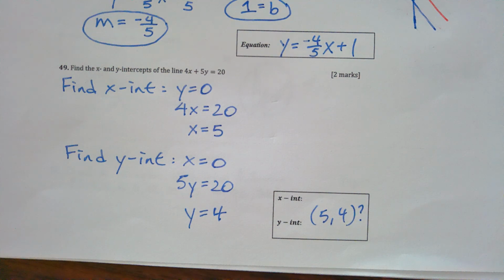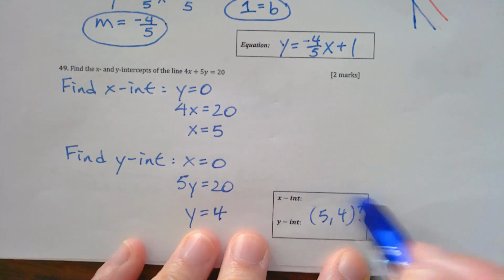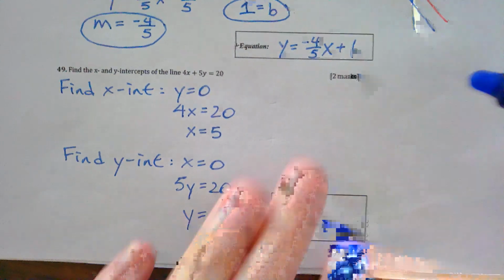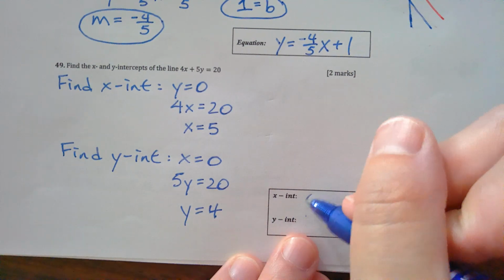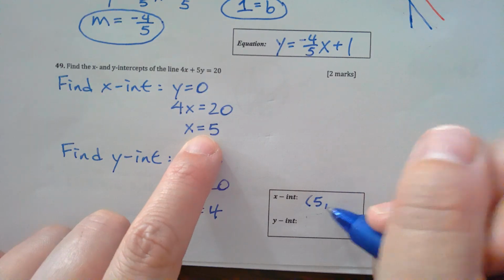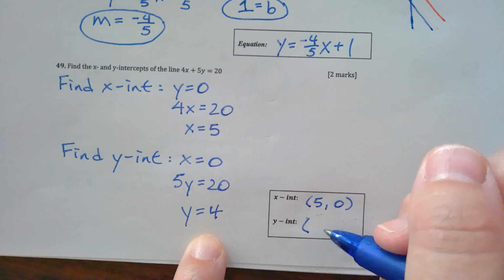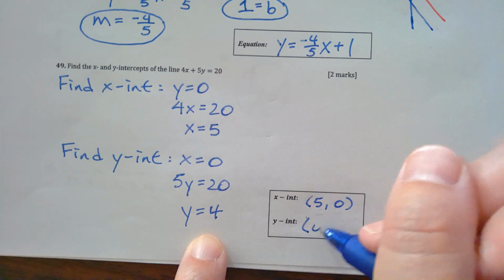Should I write that? 5, 0. Right. These are your x and y intercepts. You just found 2 intercepts, not 1 point. So your x-intercept is 5 and 0. And your y-intercept is 0, 4. Good.